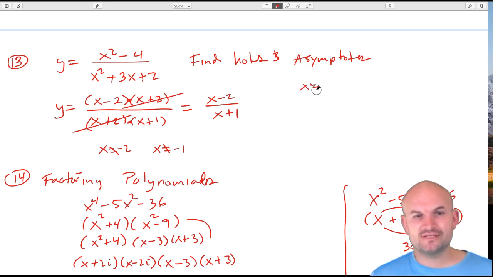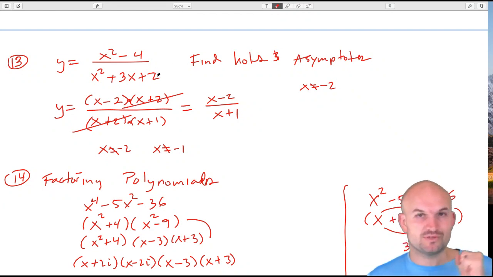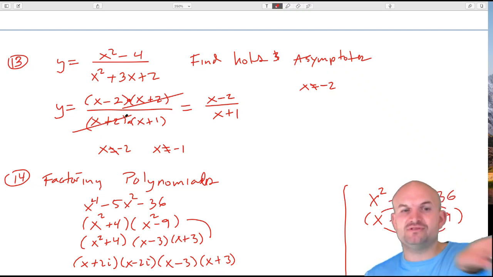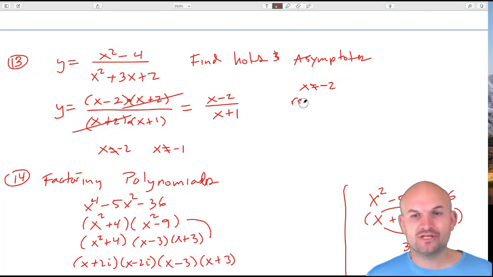Well, x equals negative 2: the reason x cannot equal negative 2 is that in the original problem, when you plug in negative 2, that makes the denominator equal to 0. However, by factoring, I was able to simplify that out, or divide that out, or remove the factor. So therefore, it is not only called a removable discontinuity, but we also call it a hole.